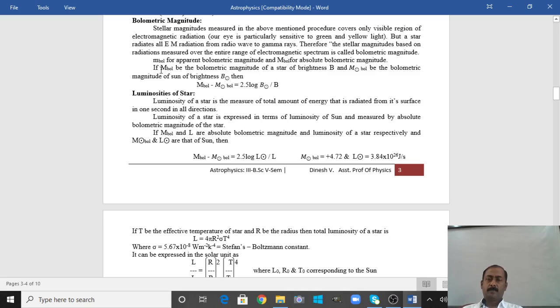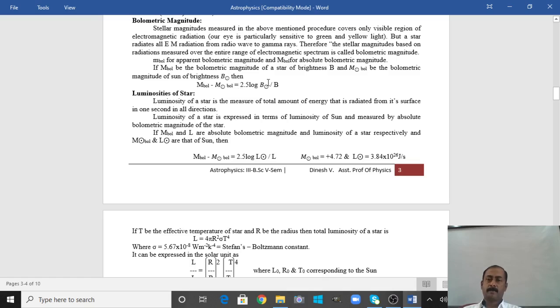If capital M bolometric is the absolute bolometric magnitude of a star of brightness B, and capital M bolometric for the sun is the absolute bolometric magnitude of the sun of brightness B sun, then M bolometric of the star minus M bolometric of the sun is equal to 2.5 log of B, that is the brightness of the sun, to the brightness of the star.